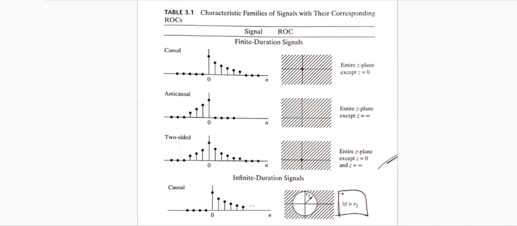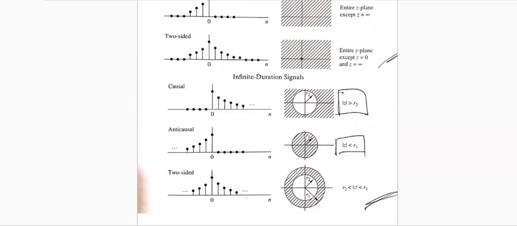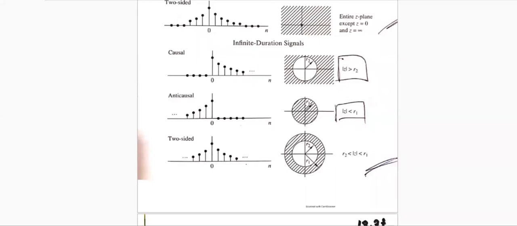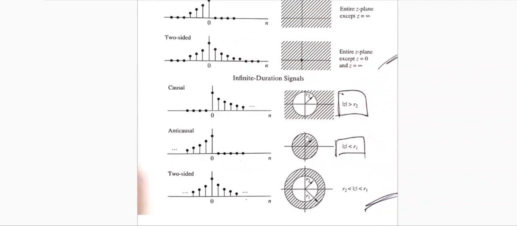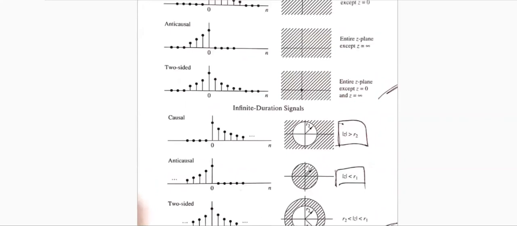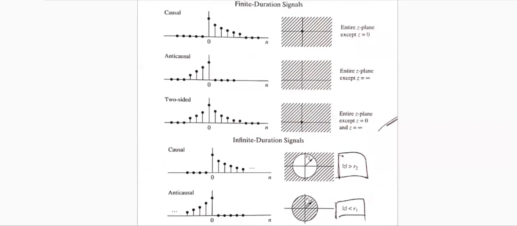We have also talked about causal, anti-causal, and two-sided sequences for infinite duration signals. And we found that the difference between the finite and infinite duration signal ROC is as follows.